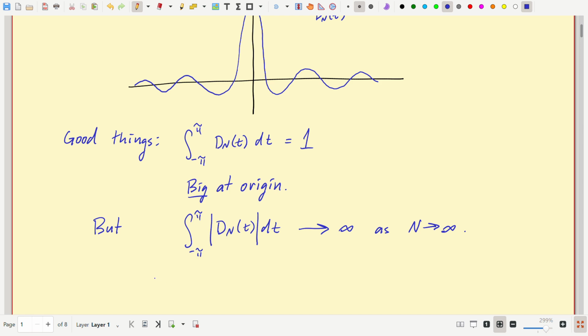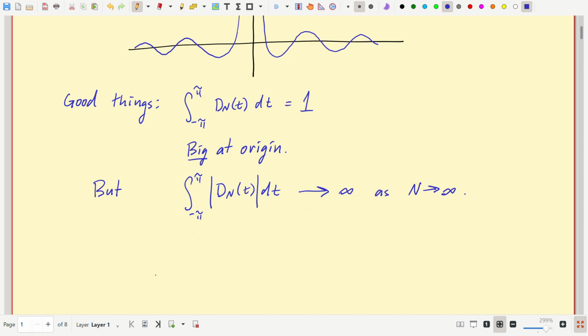And another bad thing is it's not positive: D_n of t is not greater than or equal to 0 for all t. Those two things mean that it's not a good kernel.